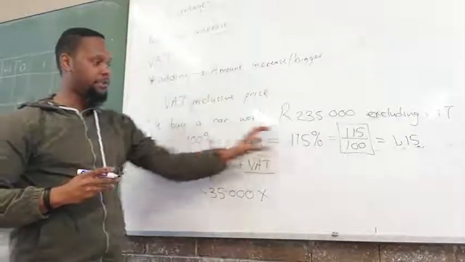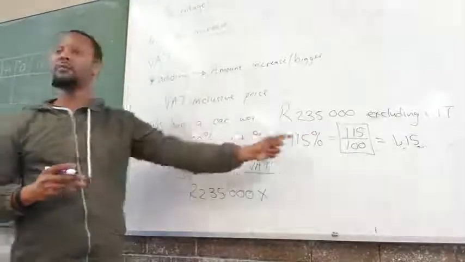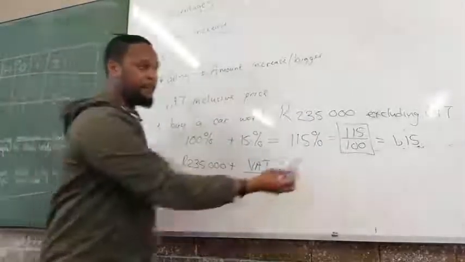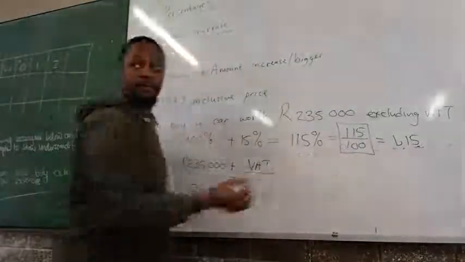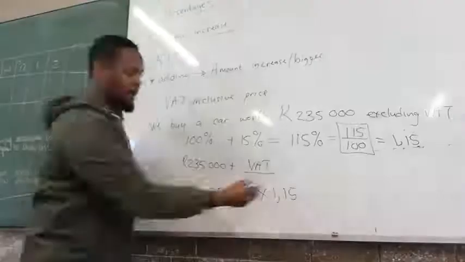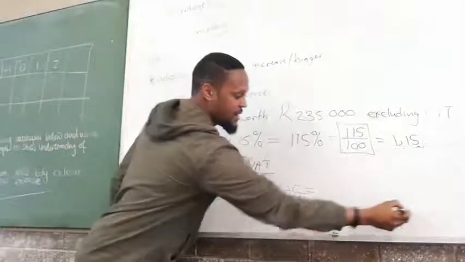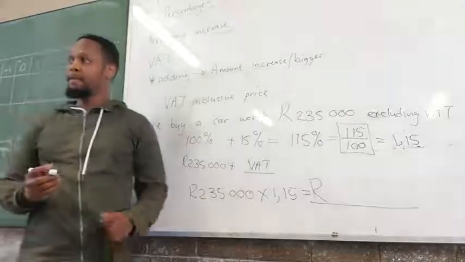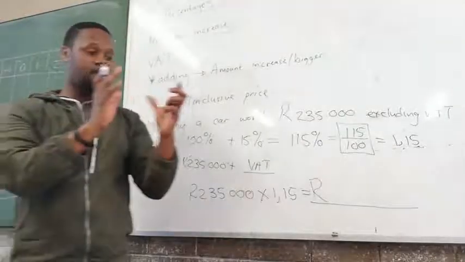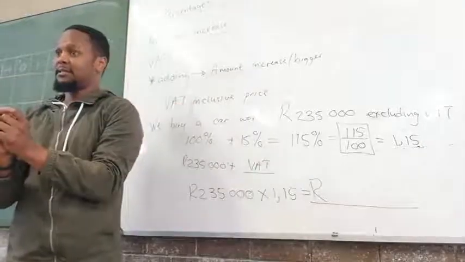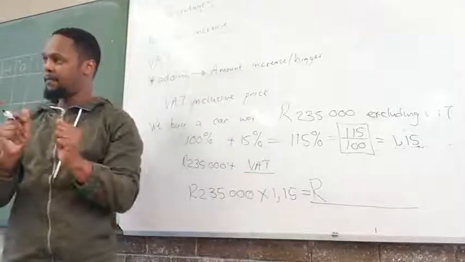So even though this is part of your planning, this is also going to be part of your calculation. So we are going to multiply by this percentage, which is the 1.15. And the answer that we get here, that answer is going to be the price of the car plus the VAT as well.